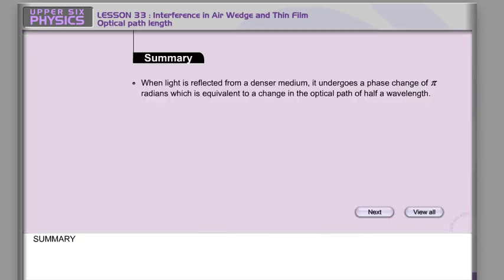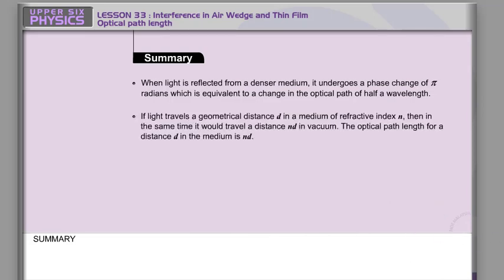Summary: when light is reflected from a denser medium, it undergoes a phase change of pi radians, which is equivalent to a change in the optical path of half a wavelength. If light travels a geometrical distance d in a medium of refractive index n, then in the same time it would travel a distance nd in vacuum. The optical path length for a distance d in the medium is nd.